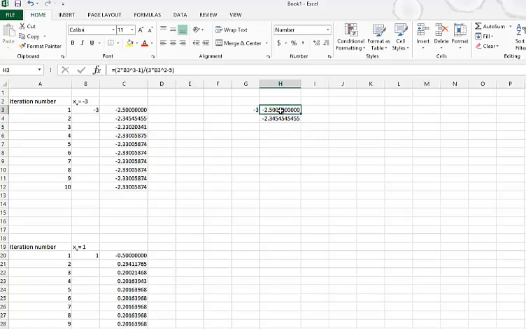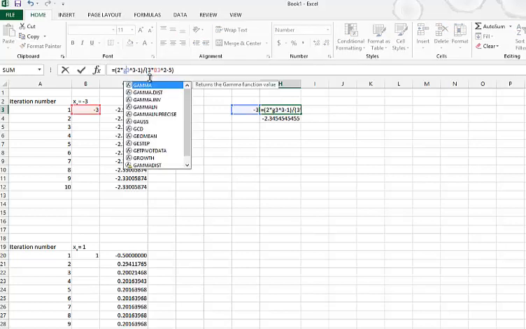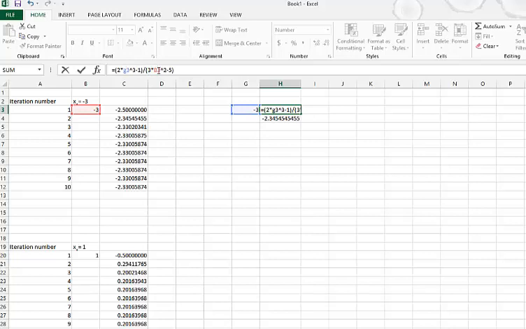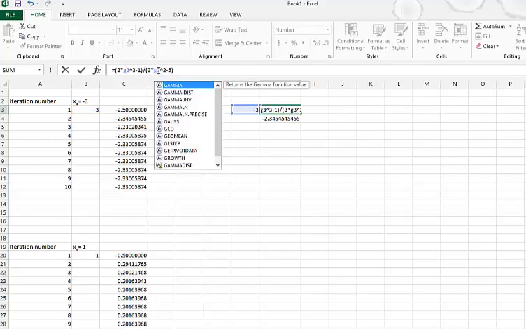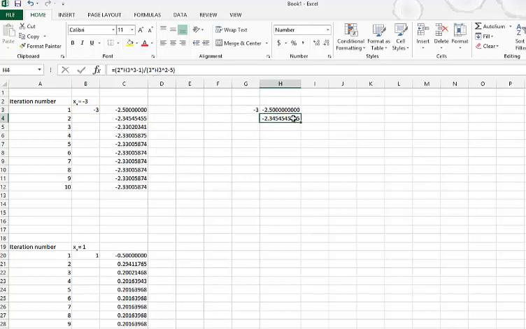And oh, I forgot, actually I wasn't really using B3 again, I was using in this case G3, so I guess I should make that a G3 just to make it correct, and then go over here and make that a G3. Okay, still get the same answer. Now what's nice about Excel is this is the equation that I want. I just want it to use the one previous.